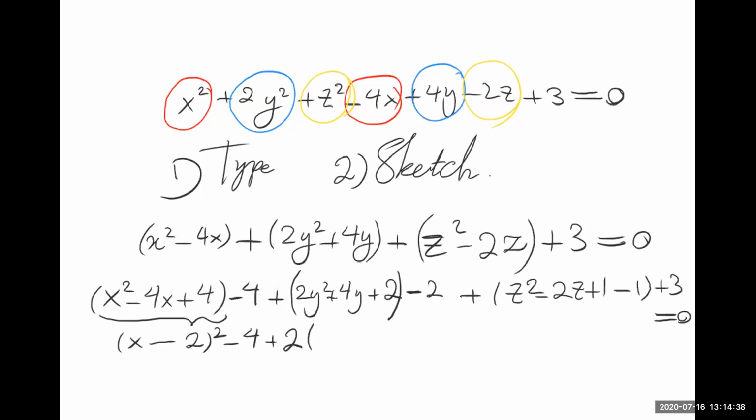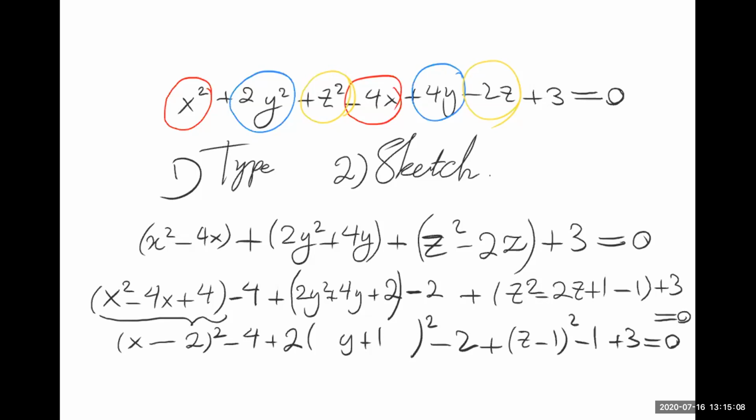It would be y squared plus 2y plus 1. But what is this thing? y squared plus 2y plus 1 is y plus 1 squared. So instead of this thing here, I would write y plus 1 squared. Minus 2, there is a minus 2 there. And finally, the last thing is z minus 1 squared. Minus 1 plus 3 equals 0.